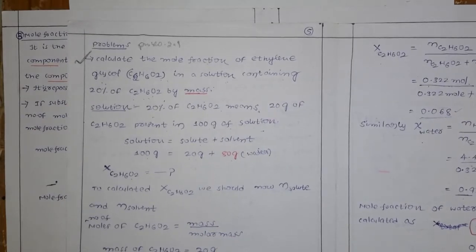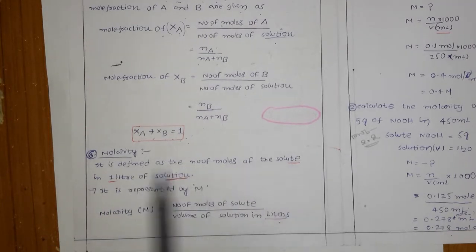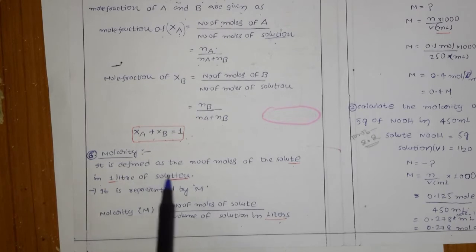The next topic is molarity. Molarity, molality and normality, three more expressions are there. First we will see molarity. Molarity is defined as the number of moles of the solute present in 1 liter of solution.